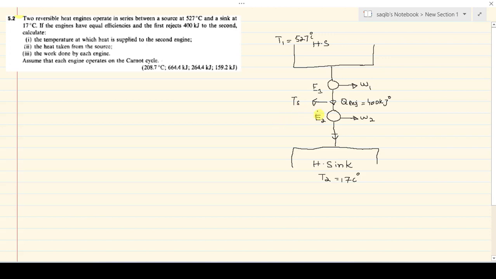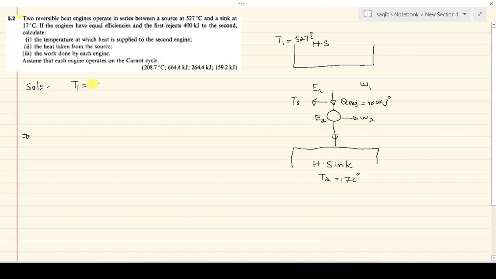So these are the sketch and the concept behind this problem 5.2. If you understand it carefully, then almost 60% of the story is covered. Now the rest is just calculations. Now come to the solution.